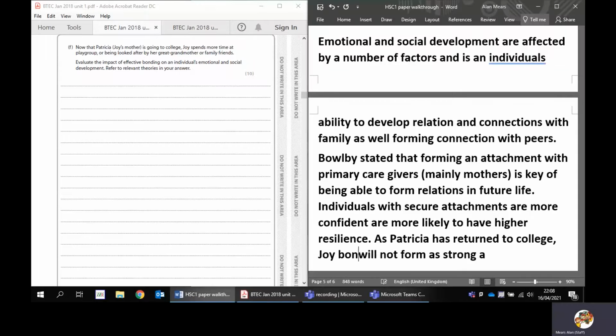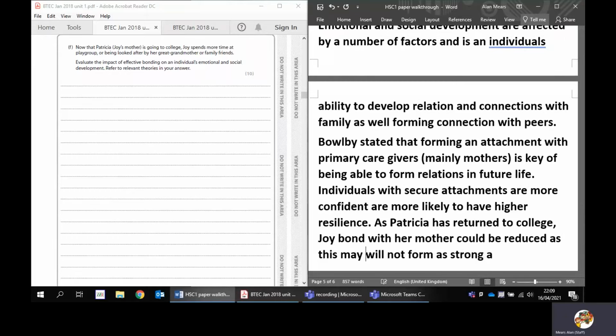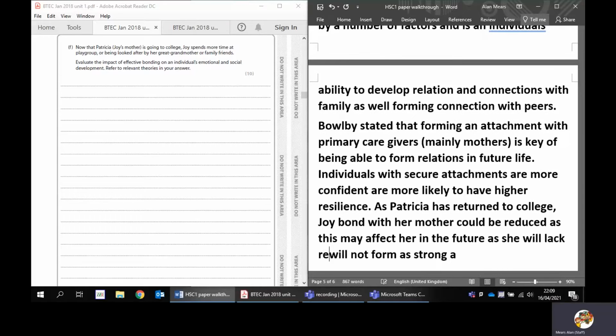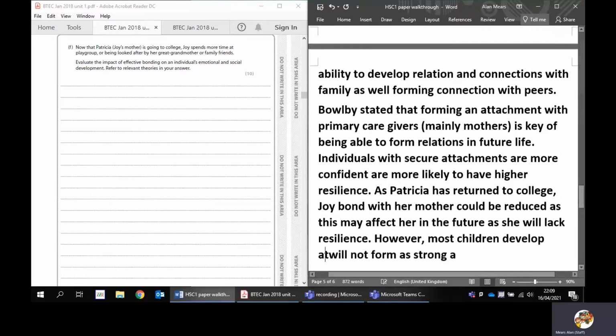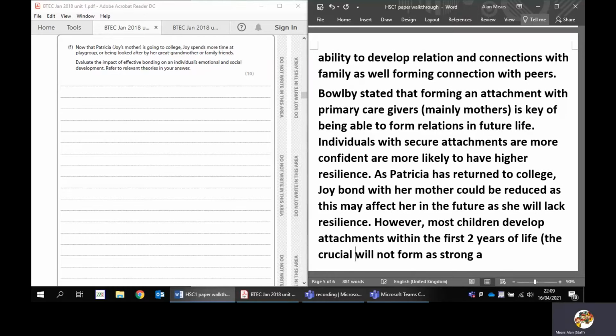So Joy's bond with her mother could be reduced, and this may affect her in the future, as she will lack resilience. However, most children develop attachments within the first 2 years, which we call the crucial stage.